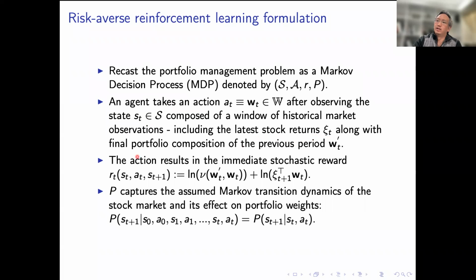And also because we are dealing with transaction cost, we also need to include the final portfolio composition of the previous period as part of the state vector, right? So that's the way we carry the information about the previous investment or the previous decision, and when we make a new decision, that is needed in order to calculate the transaction cost.